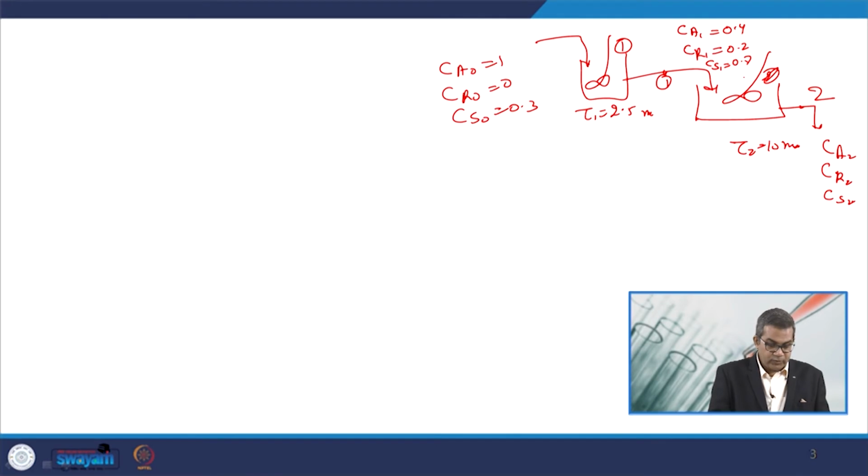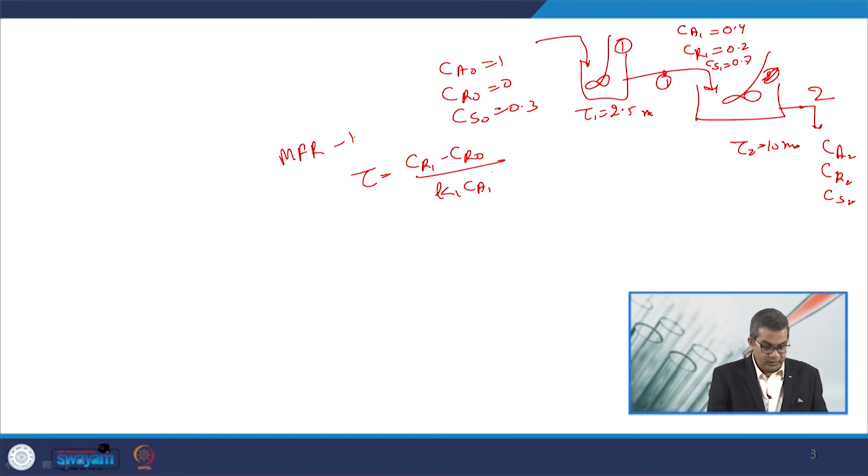For MFR1, this is my first reactor and this is my second reactor. The performance equation for MFR1 for R is tau equal to Cr1 minus Cr naught upon K1 Ca1. So 2.5 is equal to 0.2 minus 0 upon K1 into 0.4, and that K1 comes out to be 0.5.